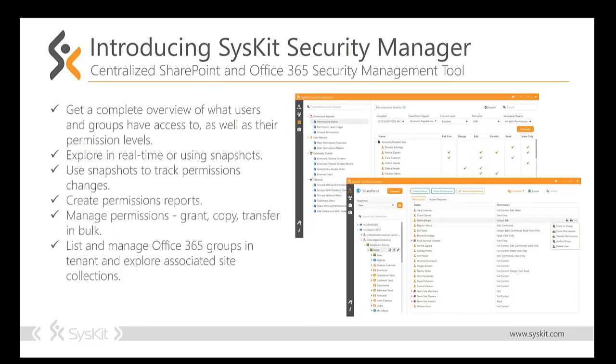Okay, so let me just introduce our tool, SysKit Security Manager. Since you are here for the external sharing knowledge, I will just tell you about the main features of our tool. With SysKit Security Manager, basically you can get a complete overview of users and groups permissions. You can explore it in real time.